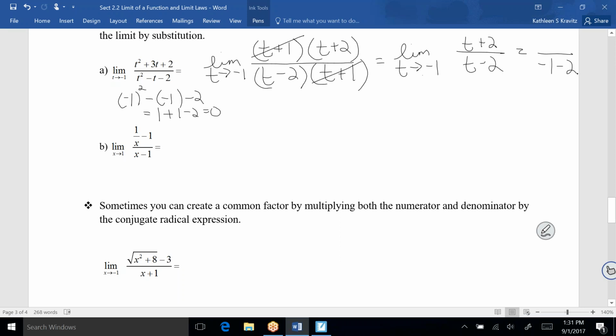And then when we plug -1 in the numerator, we get -1 plus 2. And this is going to be equal to 1 divided by -3. You can multiply the top and the bottom by a -1, so this is the same thing as -1/3. Let me write the negative in the front here. So -1/3.